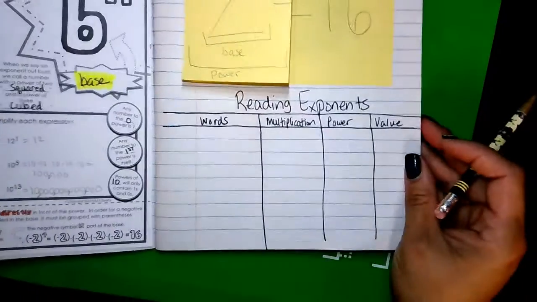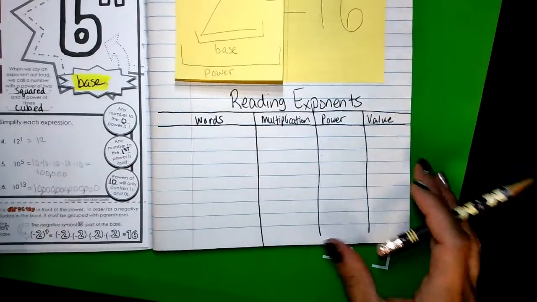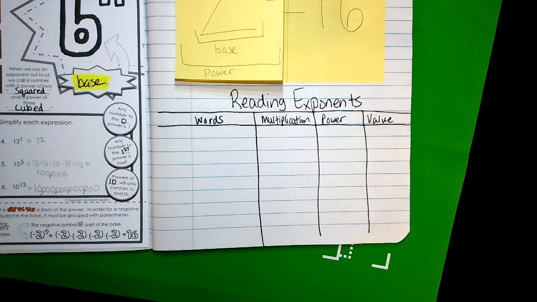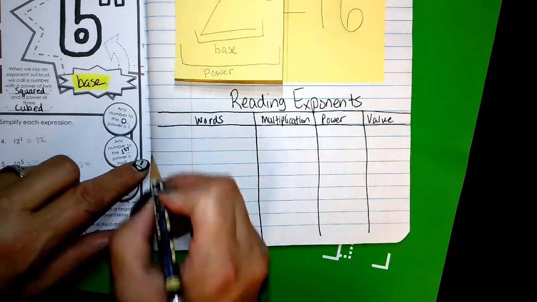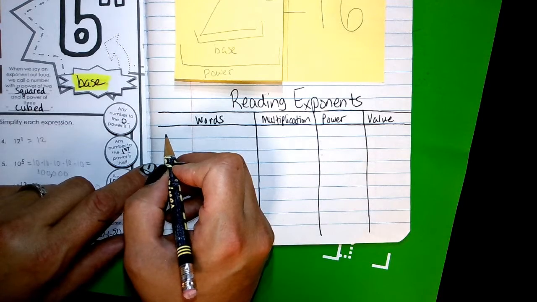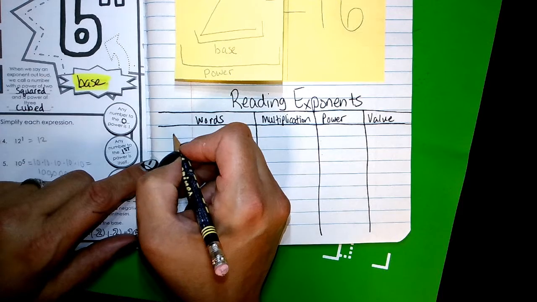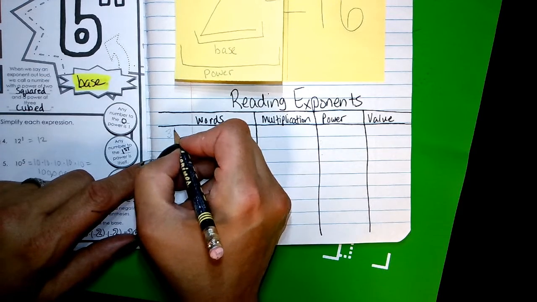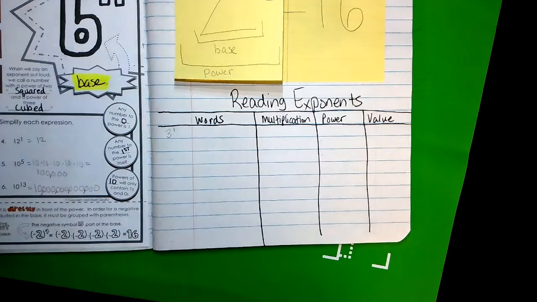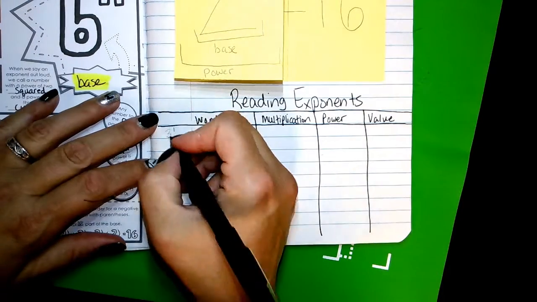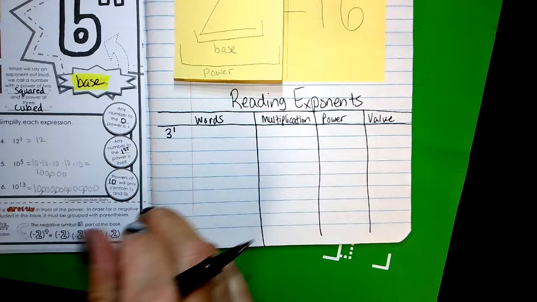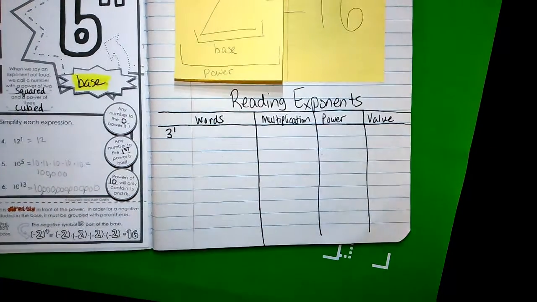The last thing I want you to add to your ISN are some examples of how to read an exponent. So let's do our power right here. So we'll start with 3 to the exponent 1. And let me switch over to a different marker. So 3 to the exponent 1. And what you're going to say with this in words is 3 to the first power.